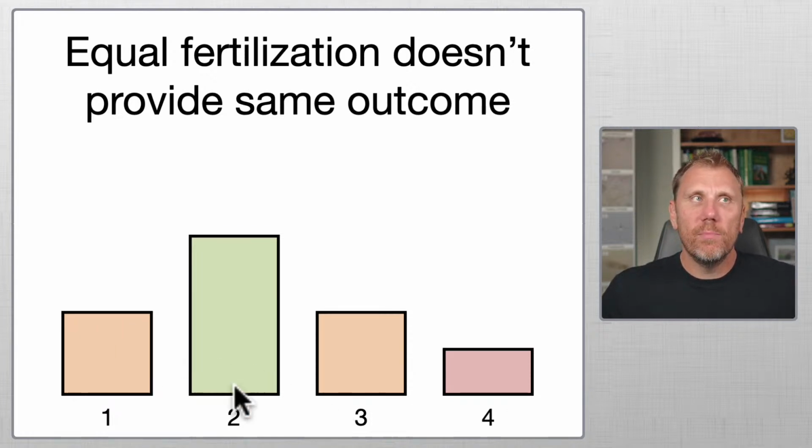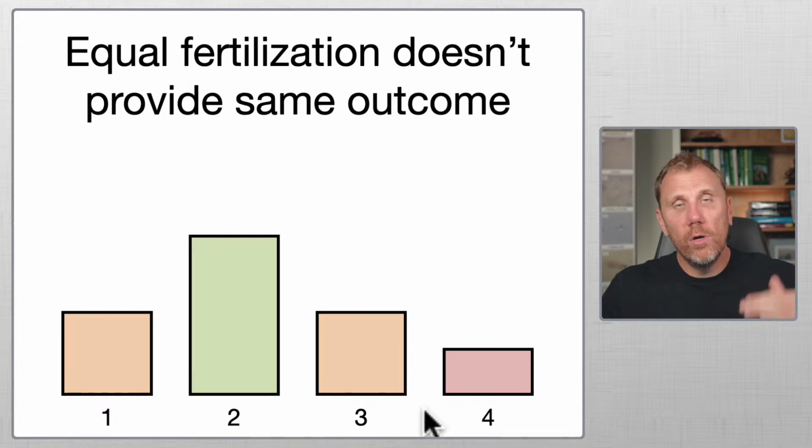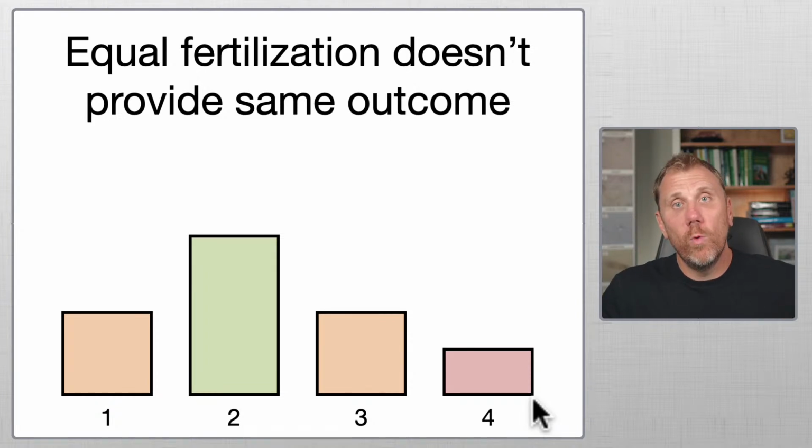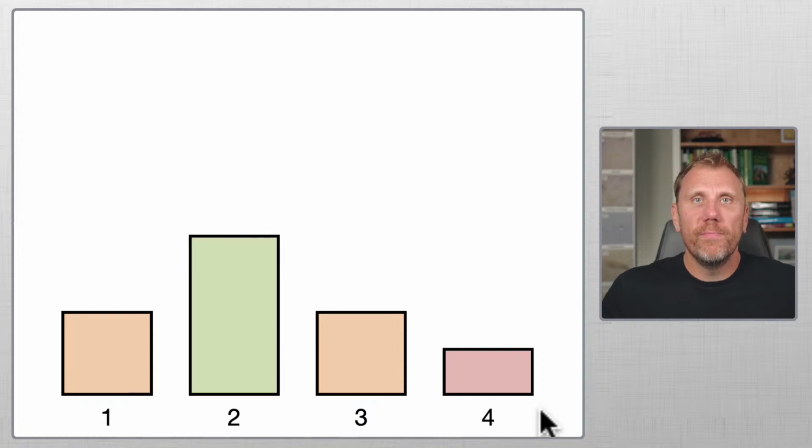Now, because number 1 and number 3 are below those desirable minimums, you're not going to get the same productivity from the same input of fertilization. And then even worse, number 4 is going to be well low compared to samples 1, 2, and 3.